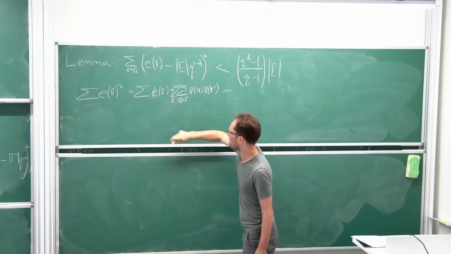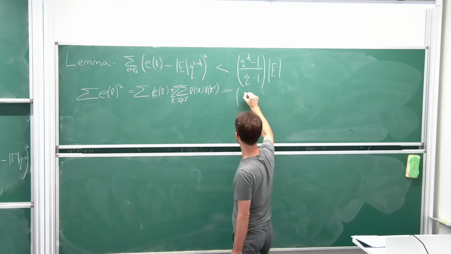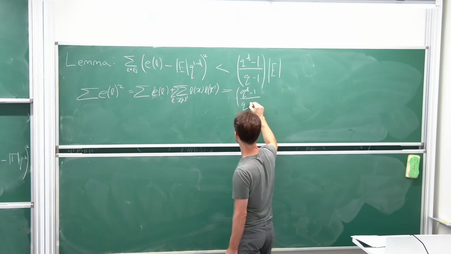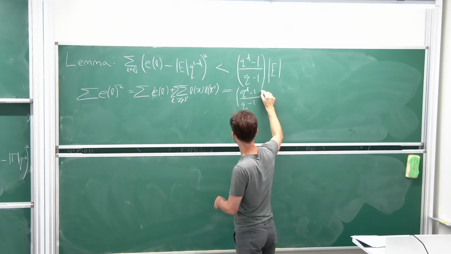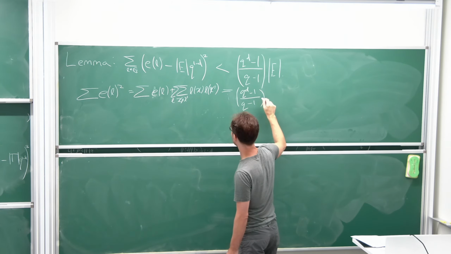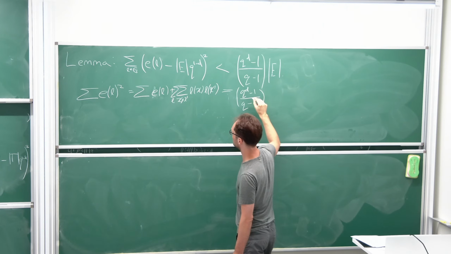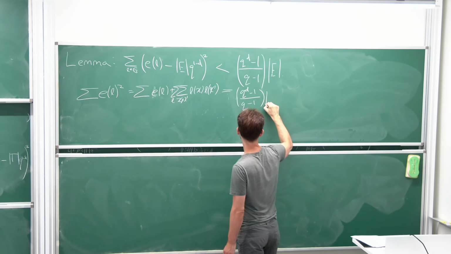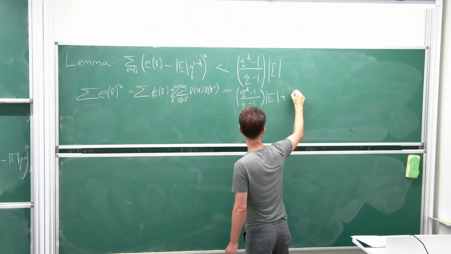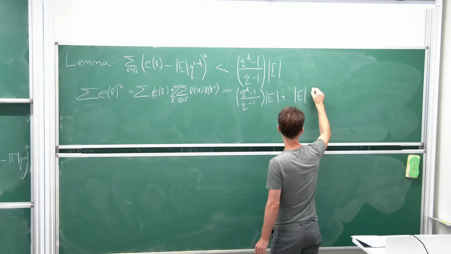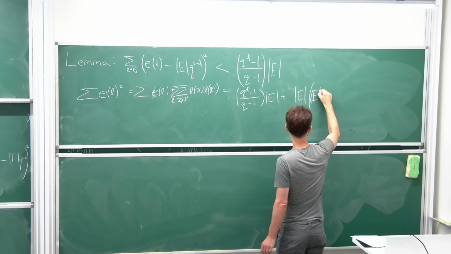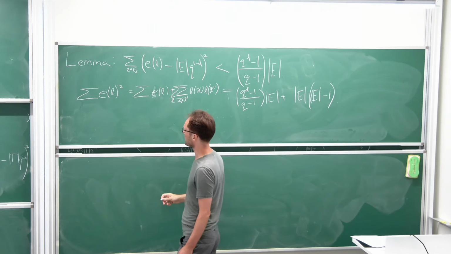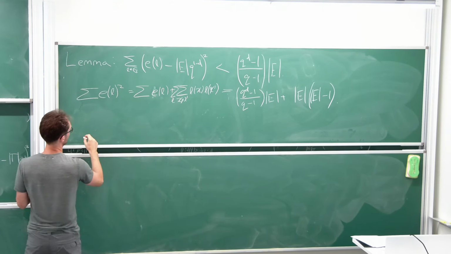But here we're summing over all the lines, so we get q to the d minus 1 over q minus 1 times e plus something less than e squared. So that's just a direct expression for the sum of E of L squared.